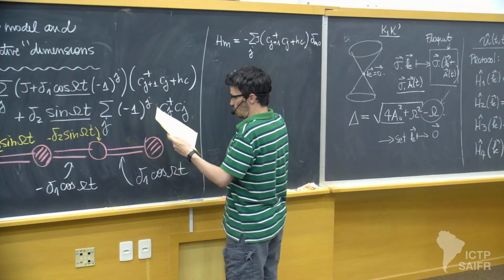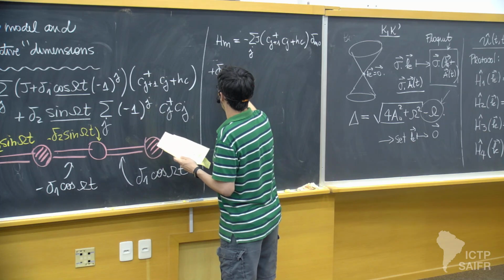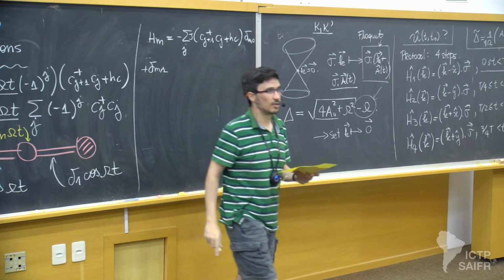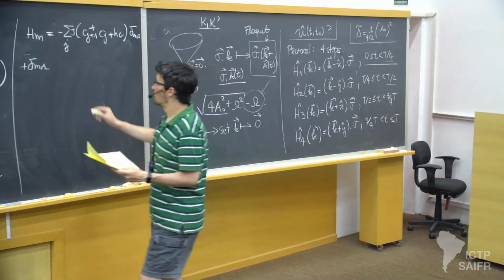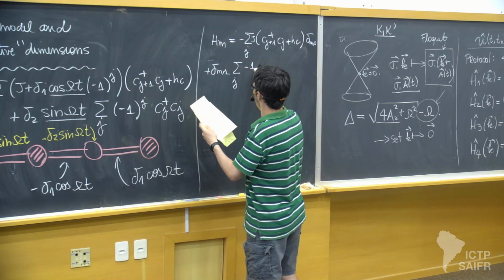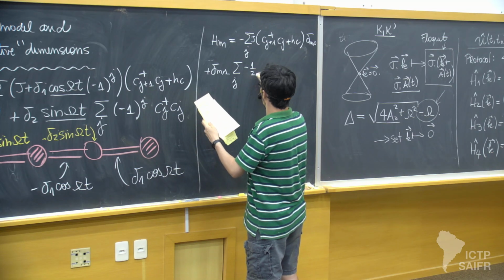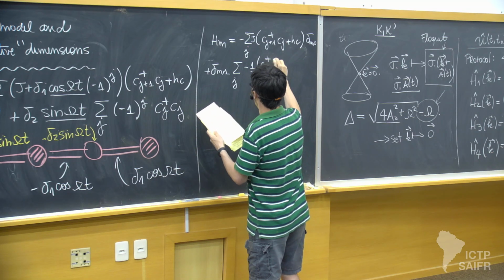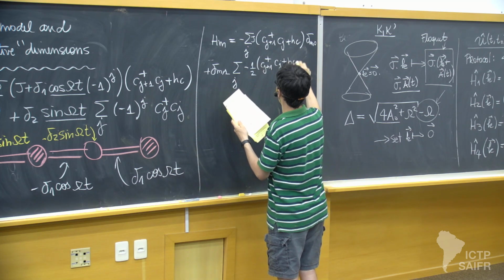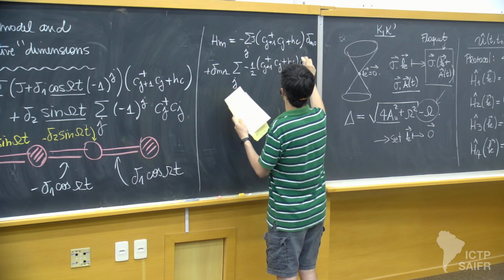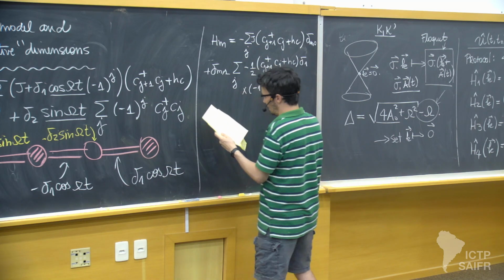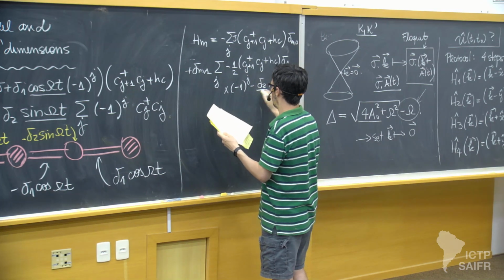Plus delta_{m,1}. And again, this delta has nothing to do with delta 1 and delta 2, okay? These are the Kronecker deltas. Sum over j, minus half, C_{j+1} dagger C_j plus Hermitian conjugate, delta 1 times minus 1 to the power j. It's a bit lengthy. That's why I think graphene is simpler.